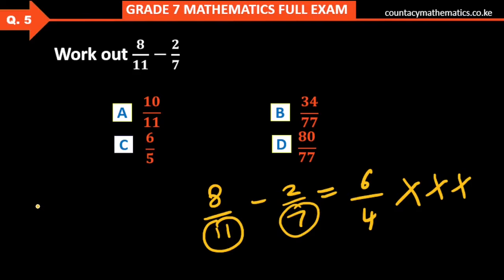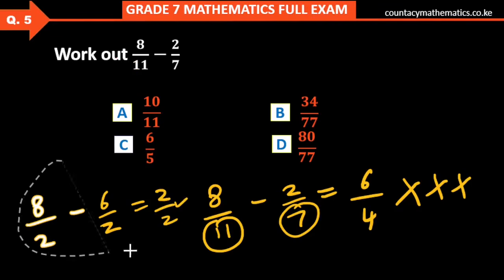But if it was something like 8 over 2 minus 6 over 2, then this would be correct to say that it is 8 minus 6, that is 2, and then we retain the denominator. This would have been correct. But now, for this case, the denominators are not equal. So what do we do?